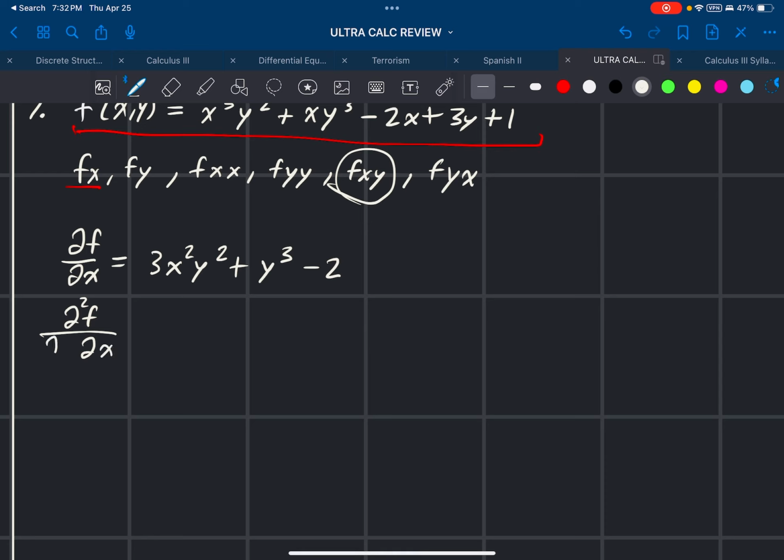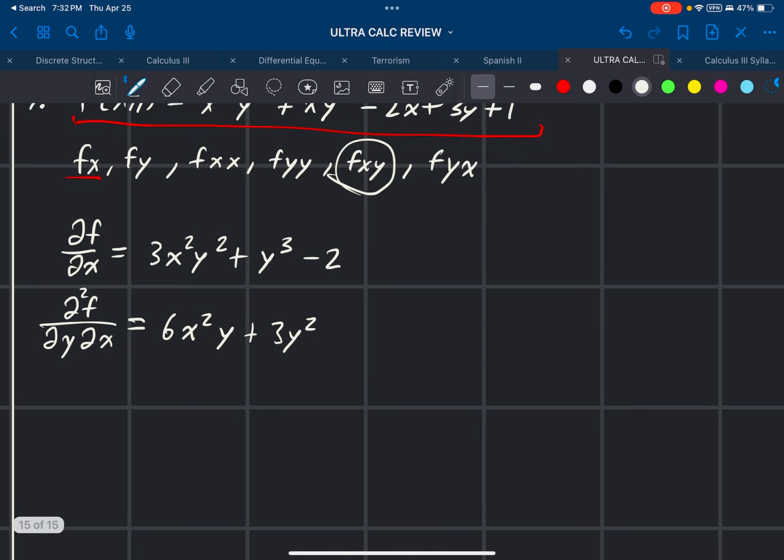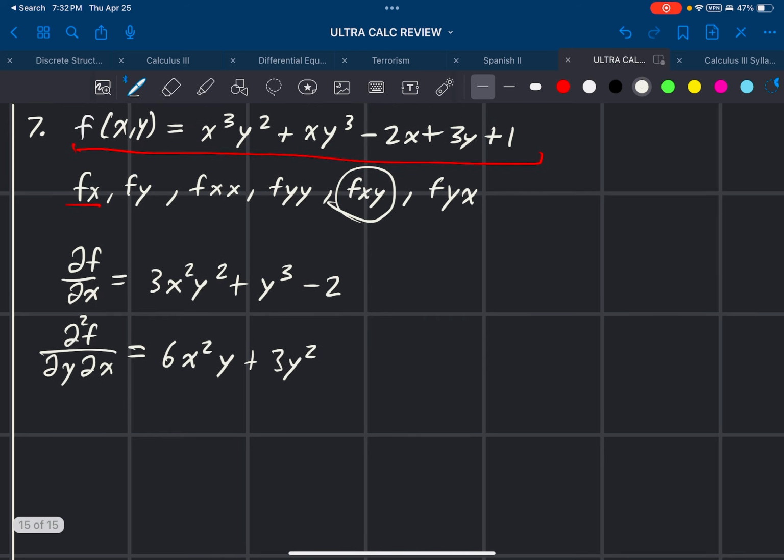So we already took the partial derivative with respect to x. Now we're going to take it with respect to y. So this ends up being 6x squared y, right, plus 3y squared. And that's the solution. So that's basically how you do these ones.